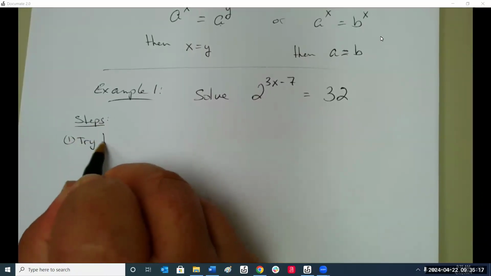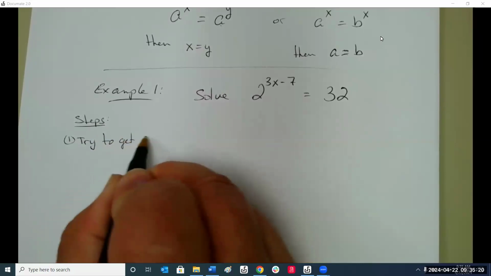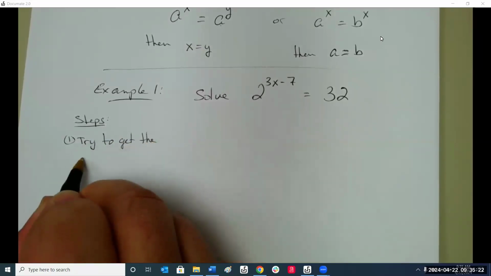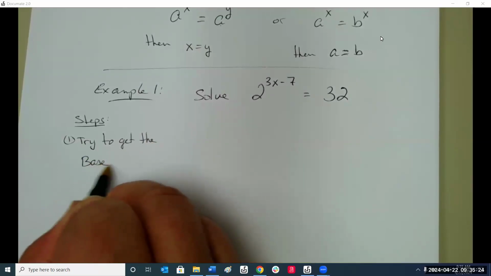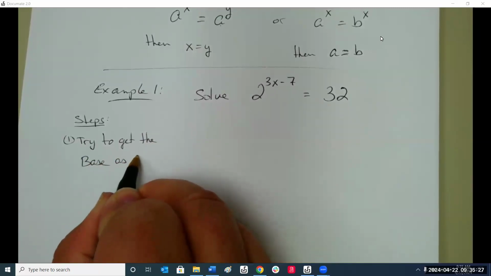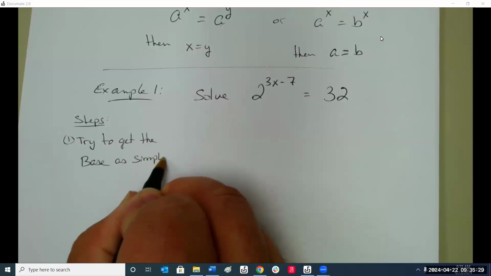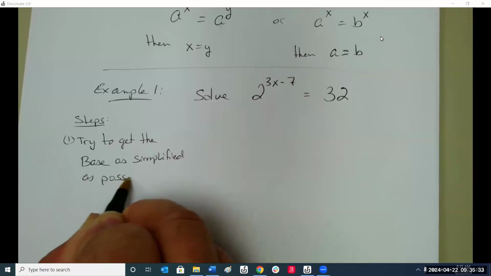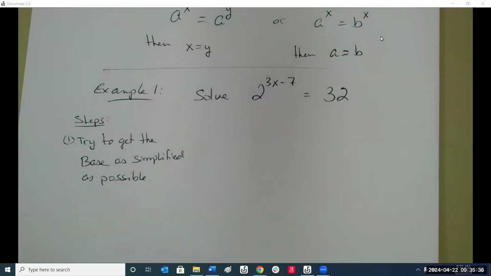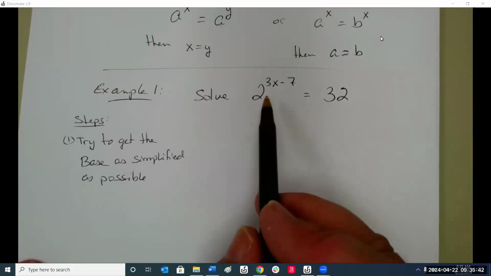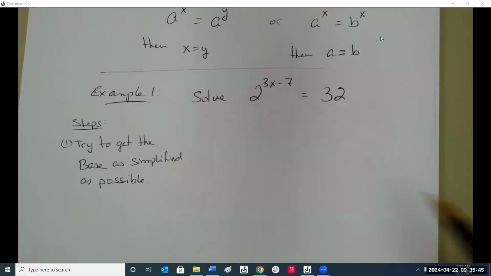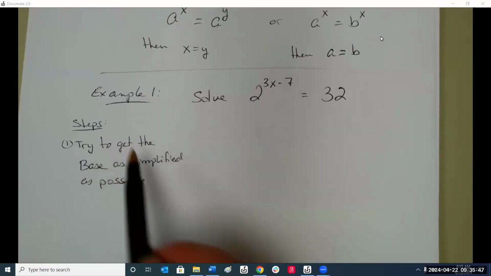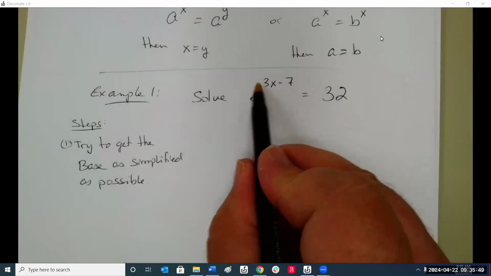So the steps: try to get the base as simplified as possible. That's the first step. I basically just put simplify base. This one's as far as you can go.